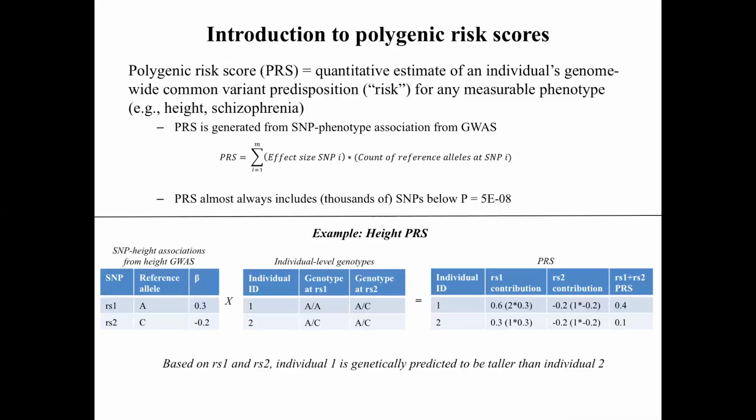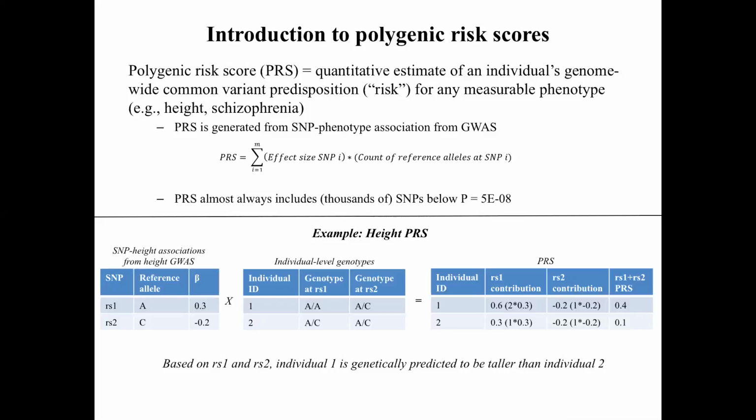Just briefly, a tutorial on how these are calculated. So in the table at left, we have our SNP phenotype associations from the GWAS. So SNP RS1 with reference allele A is positively associated with height. Then we have our individual level genotype.